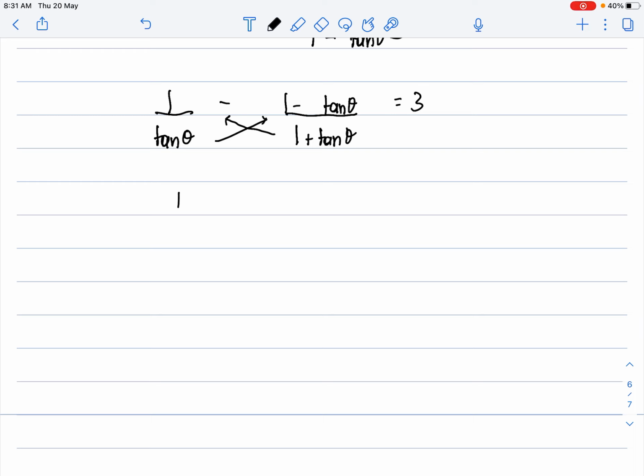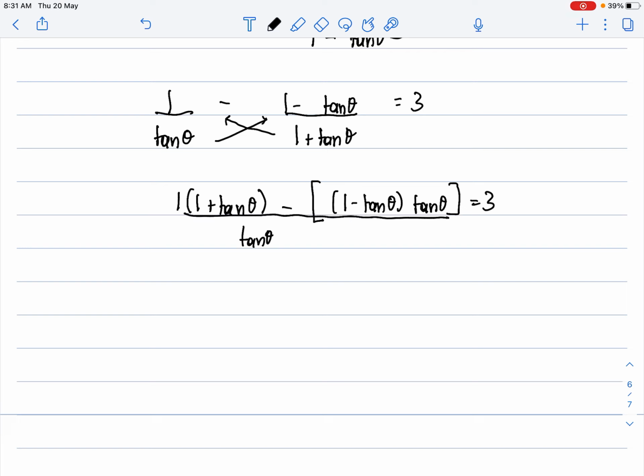So this is basically 1 into 1 plus tan theta minus 1 minus tan theta into tan theta, which is equal to 3 over tan theta into 1 plus tan theta.